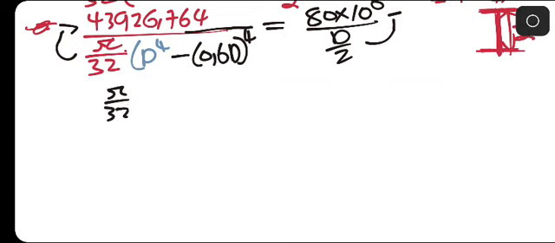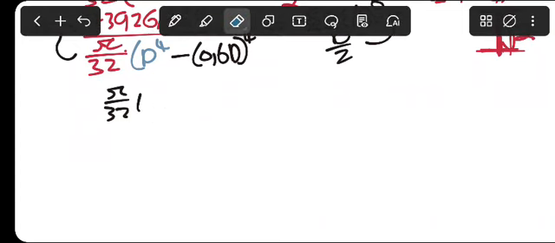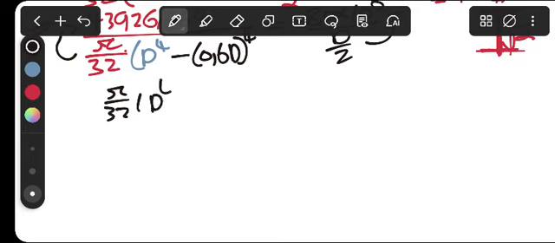I take this to the top, d raised to the power 4 minus 0.6d to the power 4, like that, isn't it?